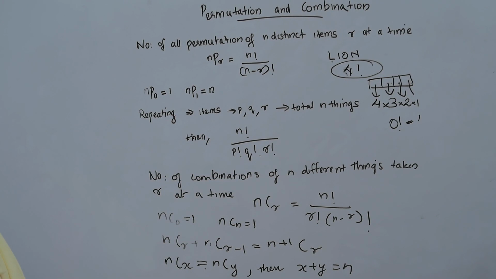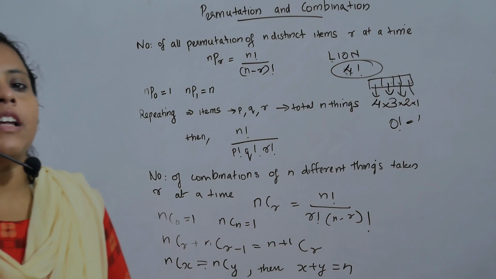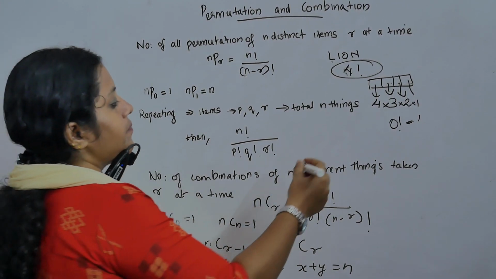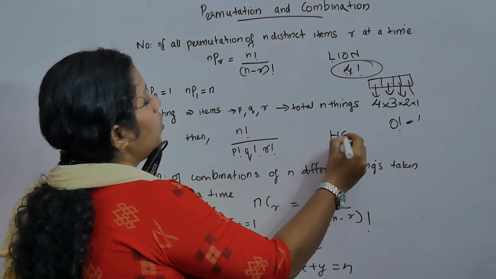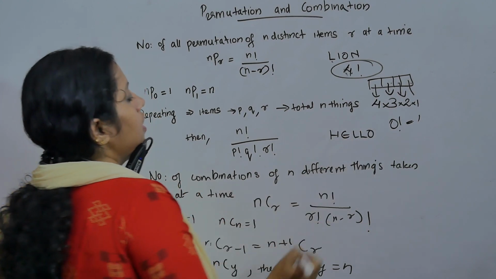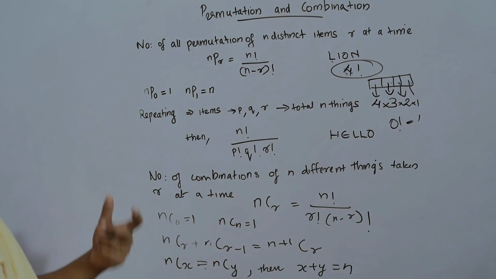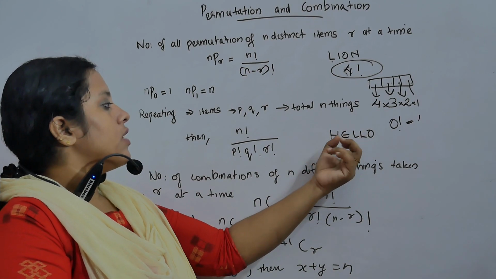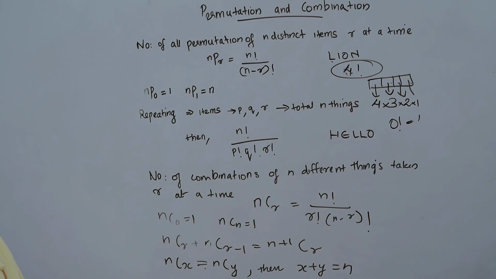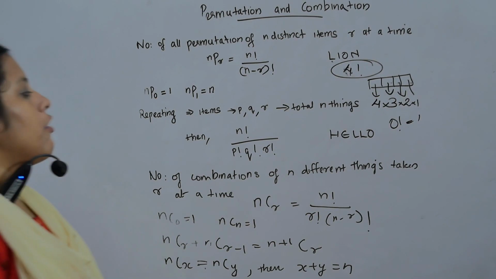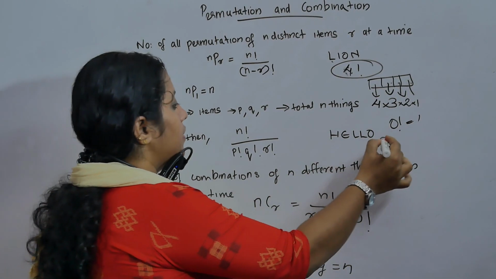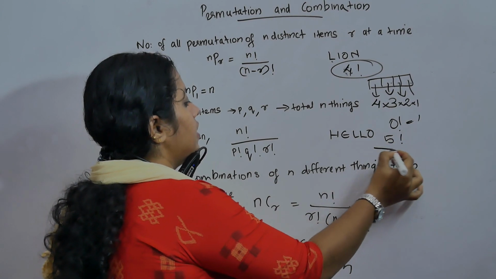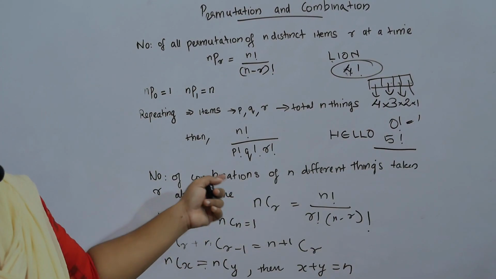Now if some items are repeating, like the word hello, and they are asking in how many ways we can arrange the letters of this word, then what you'll do? We have 5 places now, so we take 5 factorial divided by the repeating counts.